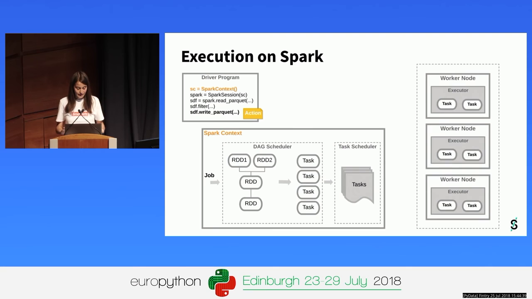Once Spark has these execution plans, the task scheduler within the Spark context is going to ask the cluster manager for executors to run these tasks. Spark has its own cluster manager, and it also supports other cluster managers such as Hadoop Yarn.